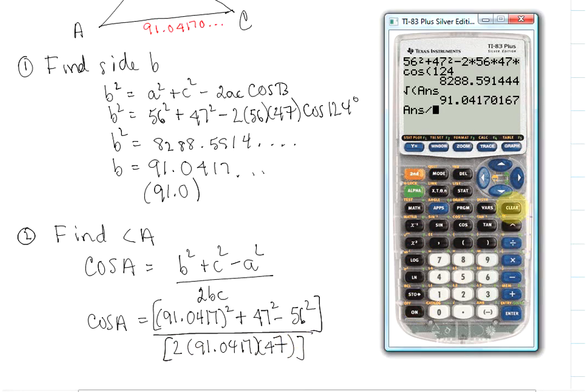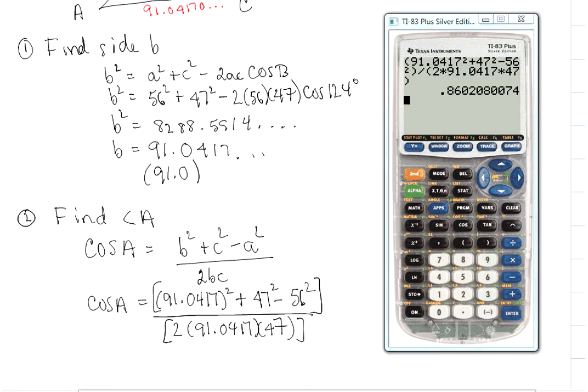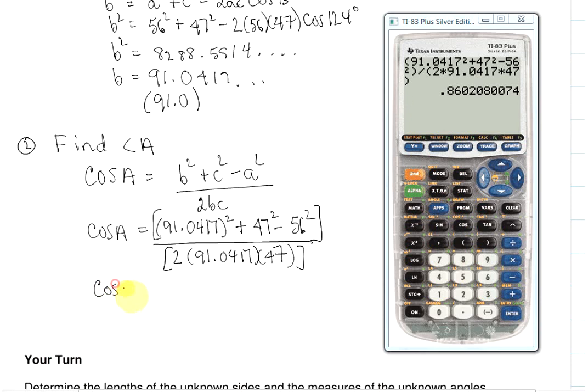So bracket 91.0417 squared plus 47 squared minus 56 squared, close the bracket, divided by 2 times 91.0417 times 47, and that gives us that cos of A is equal to 0.860208.